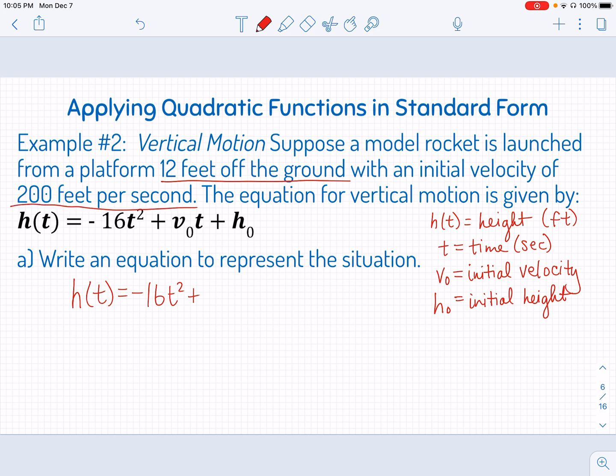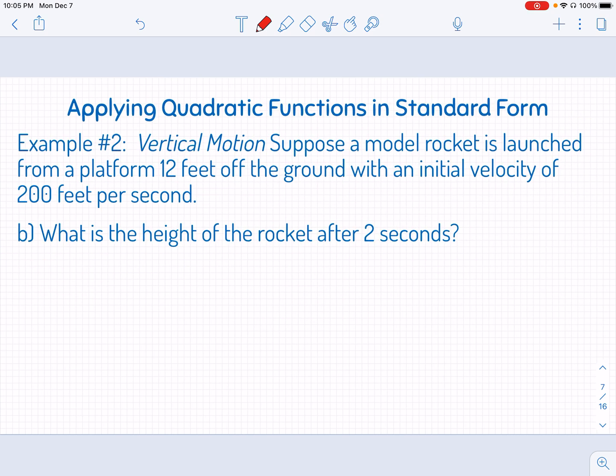Now, sometimes it'll be a negative velocity, but they will clearly define if it's a downward velocity. So plus 200 t plus 12. So just rewriting our equation so we know what we're working with.